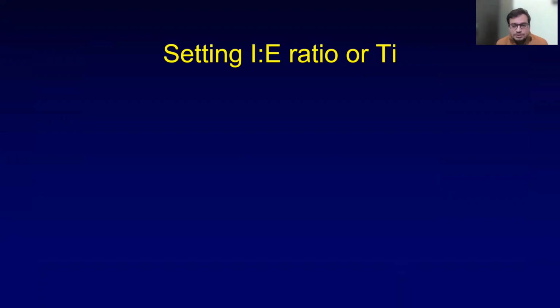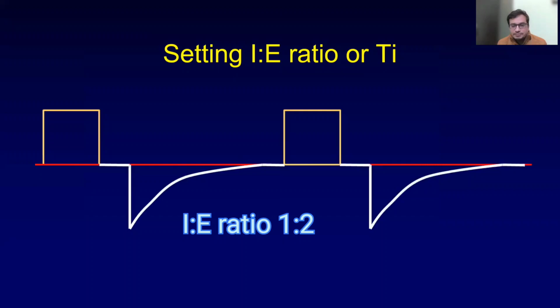The basic fundamental question is how to set these timings. That definitely depends on the patient type, gas exchange, patient's disease status, and ABG, pH, etc. Normally, you set the I ratio as 1:2. That means the expiratory time is double the inspiratory time.